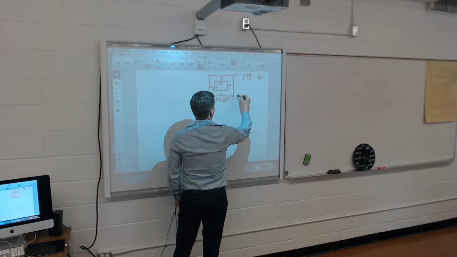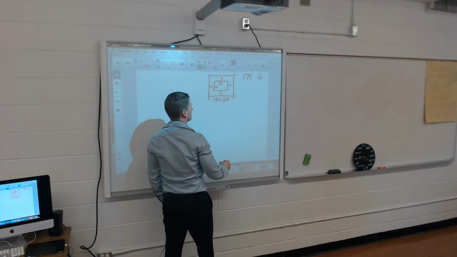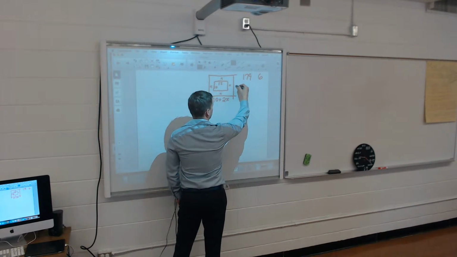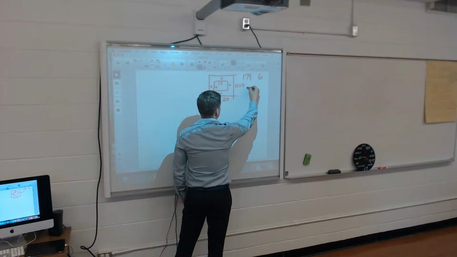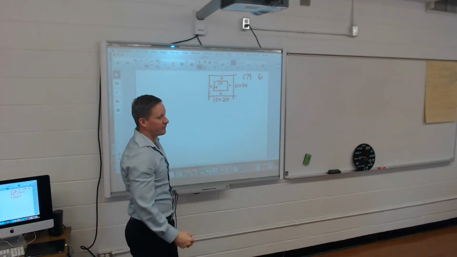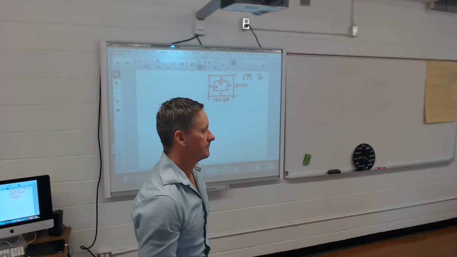And what is the width from there to there? 15 plus 2x. So how would I find the area of that mat?